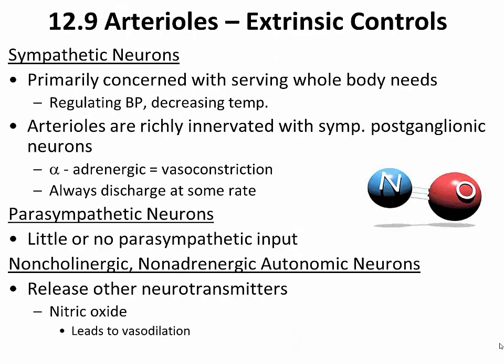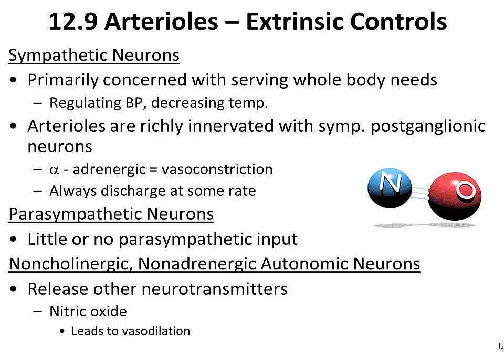We now turn our attention to extrinsic controls that modulate vasoconstriction and vasodilation in arterioles. We begin with a discussion of the autonomic nervous system, and in the autonomic nervous system, it's primarily the sympathetic division that's involved with regulating the contraction state of smooth muscle in arterioles.